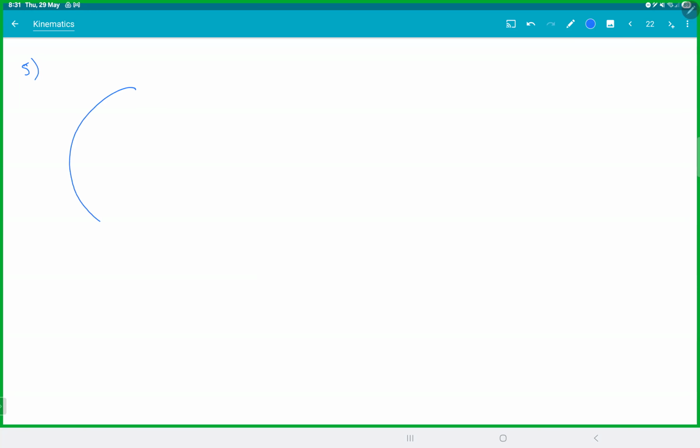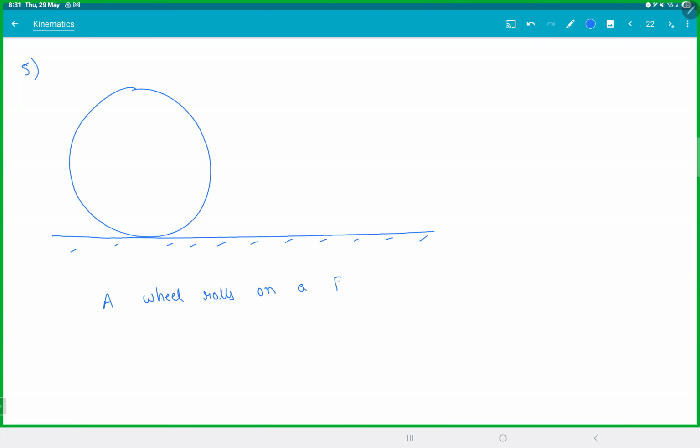So we have a wheel here. The wheel rolls on a floor without slipping.